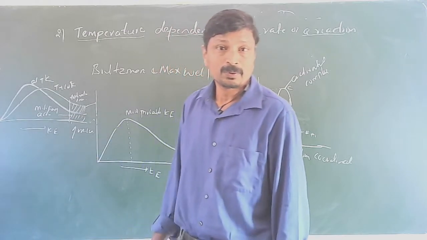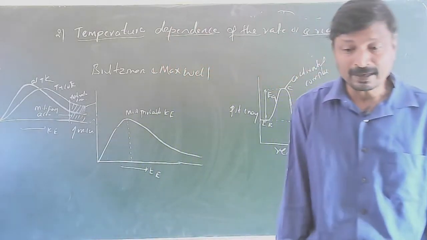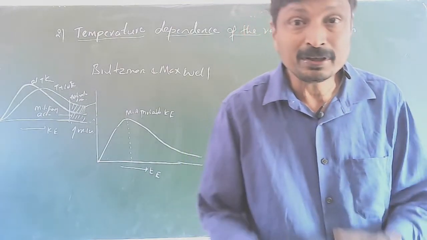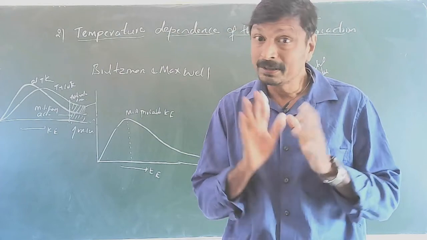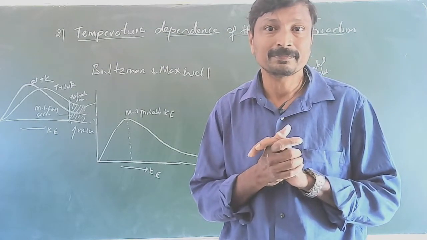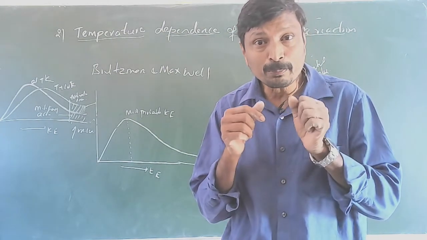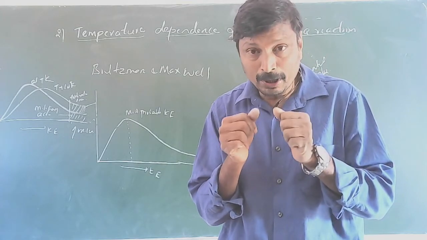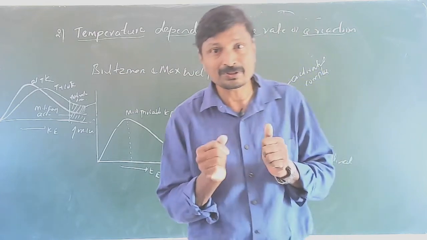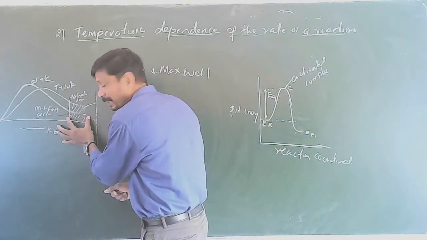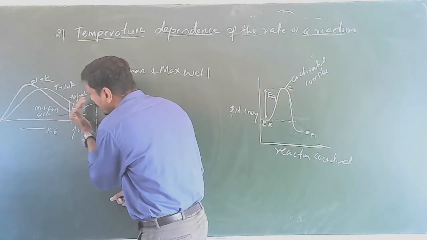Now, how does the reaction take place? By collision of reacting molecules. But not all collisions lead to the product. In order to form the product, the molecules must have sufficient energy, called activation energy. These are the molecules having activation energy.